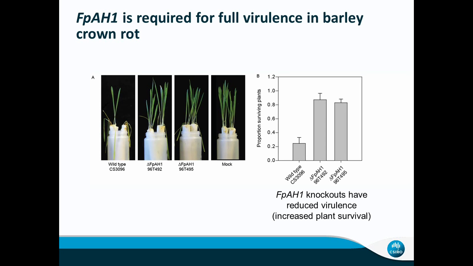This is in barley, but in wheat you can see similar things. The reason we use these types of assays is that the virulence function conferred by these fungal genes is relatively small, so you can quantify it very well by doing this type of experiment and counting the survival.